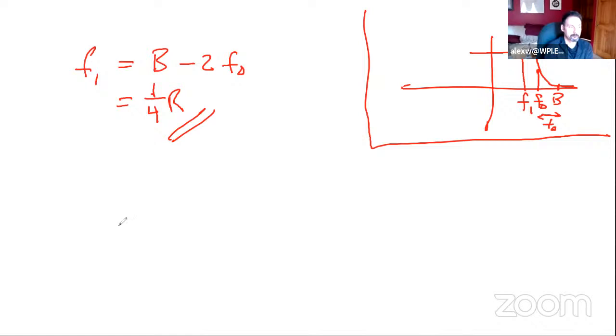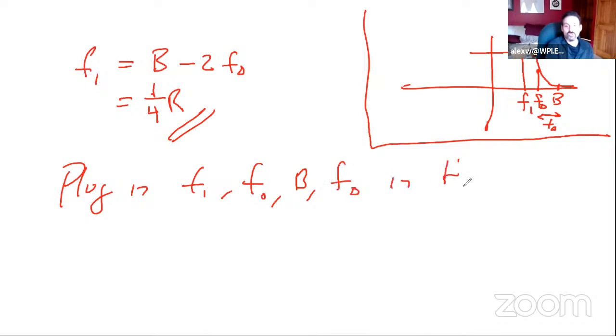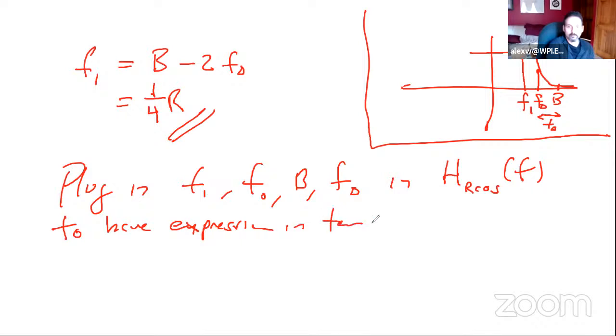So at the end of the day, what we can do, and I'm not going to work this out, is plug in the expressions for F1, F naught, B, and F delta into H R cos of F to have an expression in terms of R. This is actually really powerful stuff.